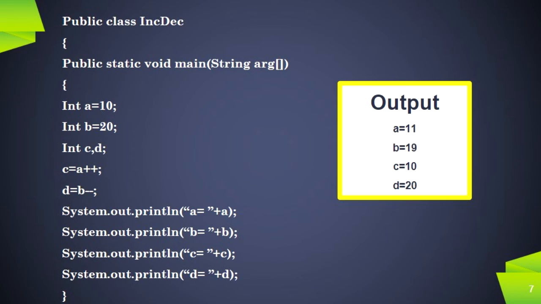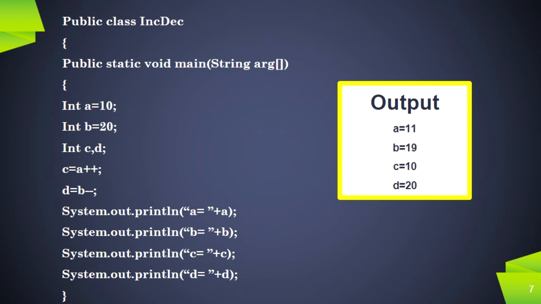System.out.println c. C is equal to plus plus c. So what is plus plus c? Plus plus is invoked by c there. So already once it is incremented, so the second time the value stays constant. So c becomes 10. The last one, system.out.println d is equal to minus minus d. So minus minus d will invoke again in the beginning.